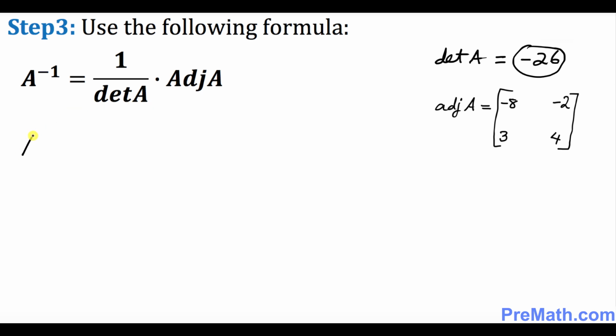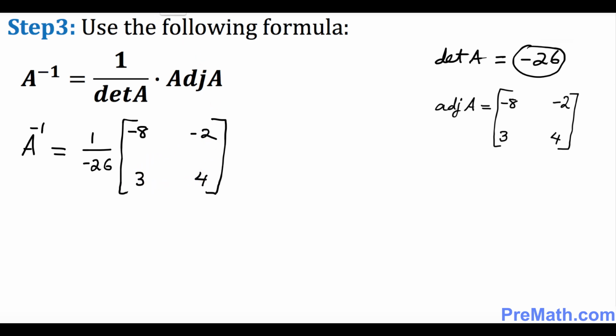So our inverse matrix A inverse equals 1 over determinant of A, which is -26, times, let's write down the adjoint matrix, which is -8, -2, 3 and 4.